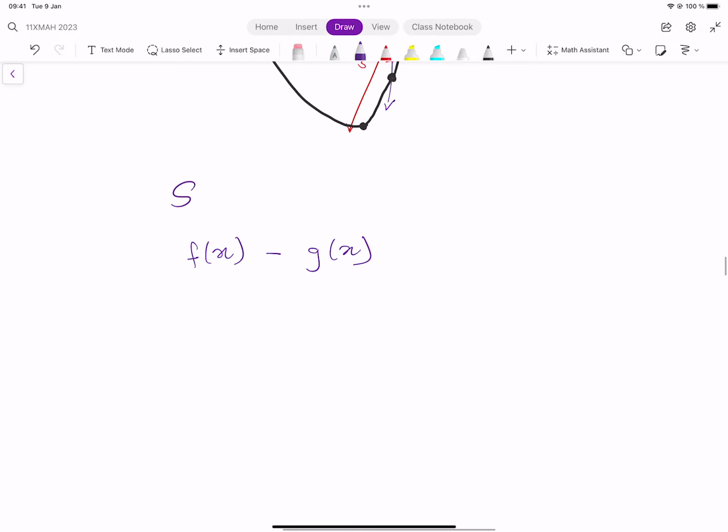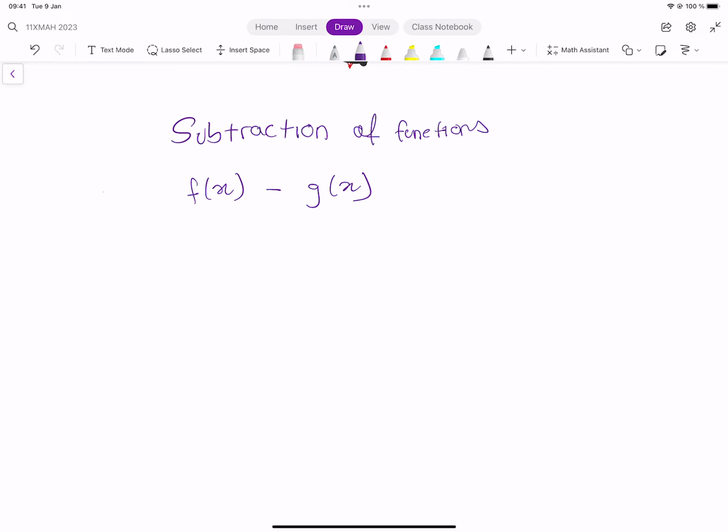So I might go subtraction, just do the quick heading. Subtraction of functions. So for example, y is equal to f of x minus g of x.